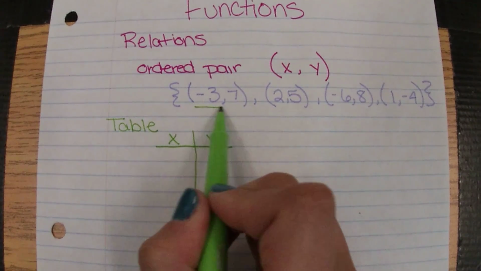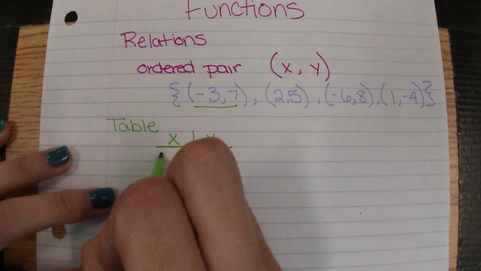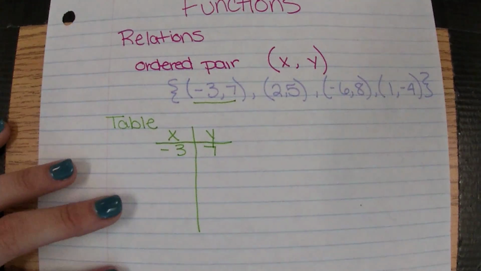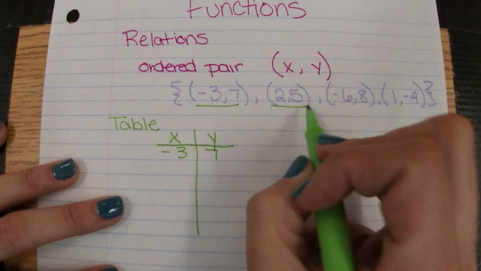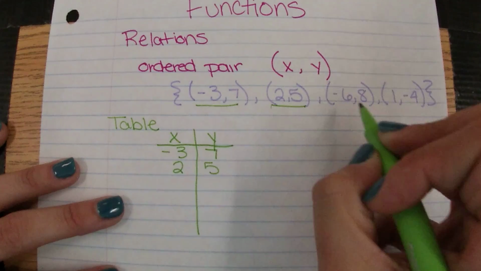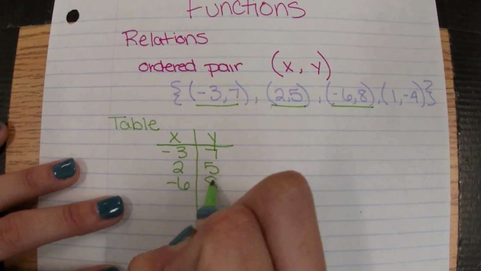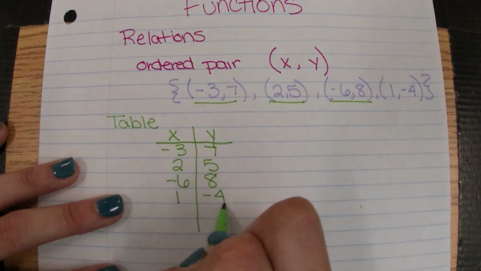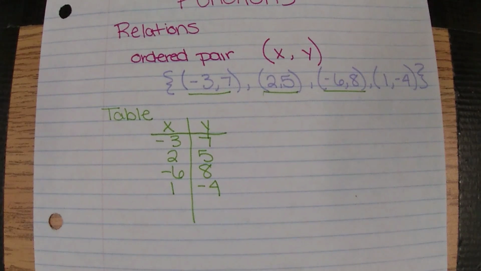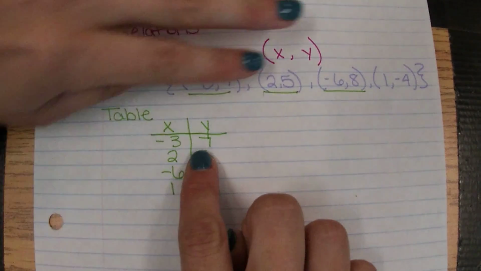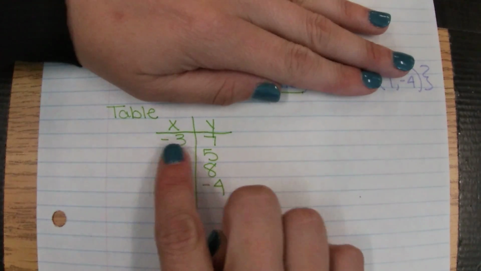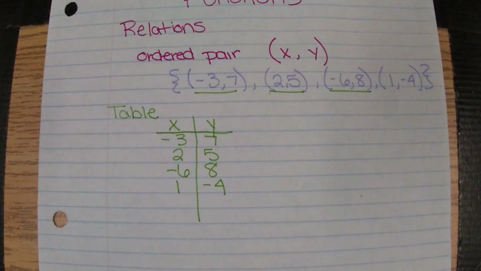So I could take this (-3, 7) and put it in my table as -3, 7, then 2, 5, -6, 8, and 1, -4. I should also be able to look at this table and realize that this represents the ordered pair (-3, 7).